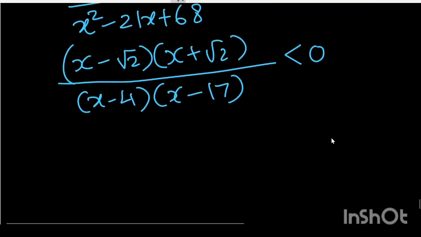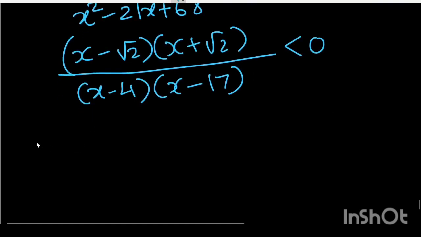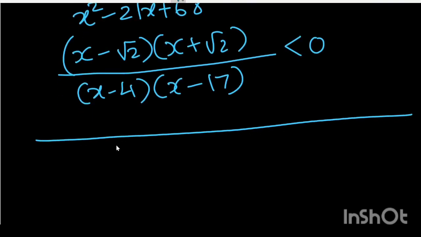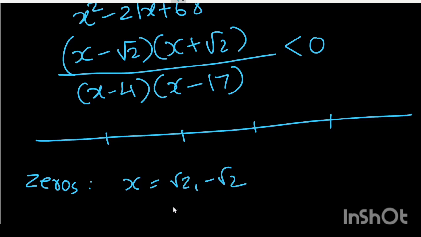Now we can plot it on the number line. There are 4 values. The zeros are x = √2 and −√2, the points at which the numerator vanishes.